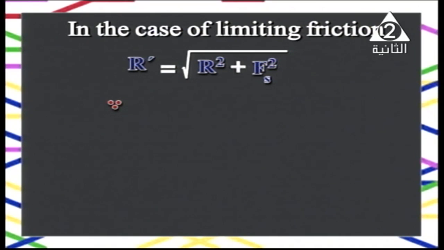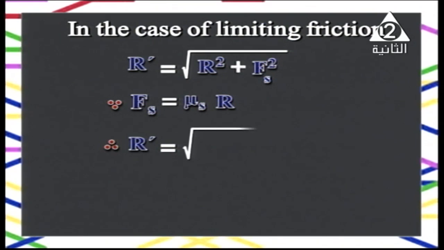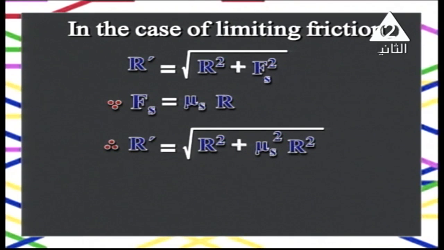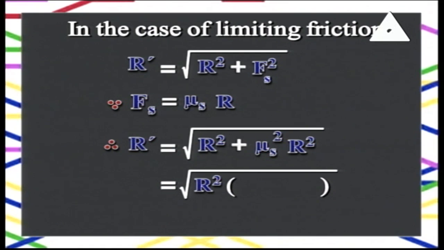Since Fs equals mu s times R, by substituting in the relation, we deduce that R dash equals the square root of R squared plus mu s squared R squared. Take R squared as the highest common factor, then R dash equals the square root of R squared multiplied by the bracket containing 1 plus mu s squared.